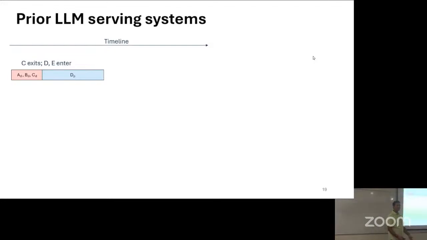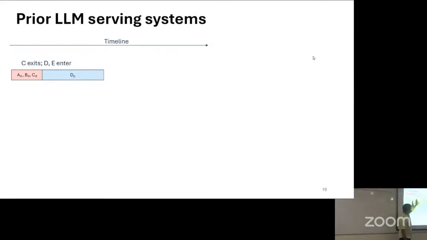Input tokens are already known. If you show up, at least I would know how much I need. But if you have such a large request that I cannot even fit, then maybe you just wait, or you have to deal with policies. For example, if it's a really important request, then you take some of them out and schedule the new request. All of that can be done at a higher level.